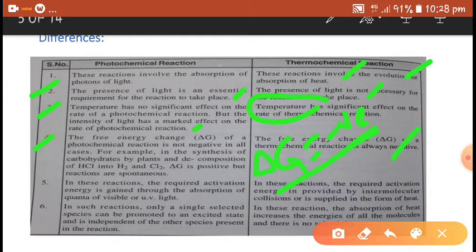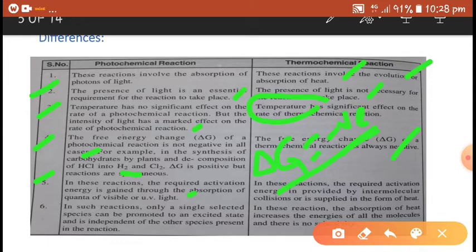Whereas in the case of photochemical reactions, there is no need for a negative value of delta G. Even though some chemical reactions which I have mentioned here have positive delta G values, they are spontaneous reactions. In photochemical reactions, the required activation energy is gained through the absorption of quanta of visible or UV light.